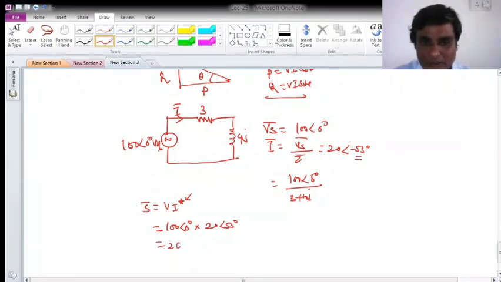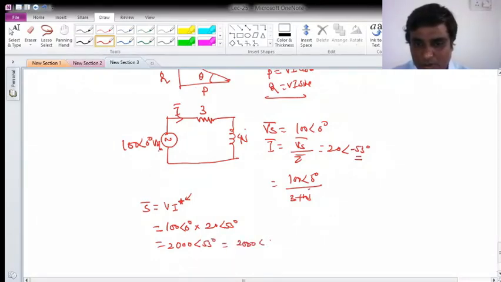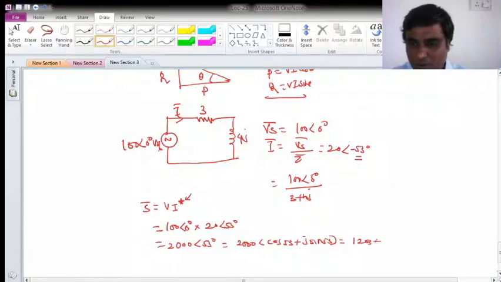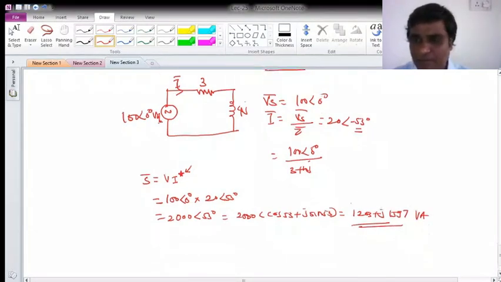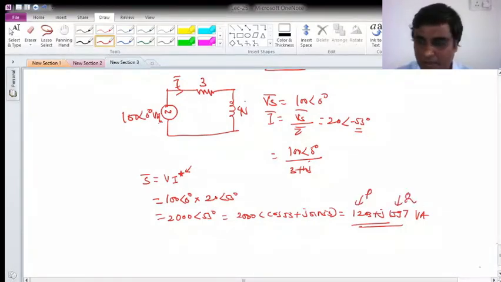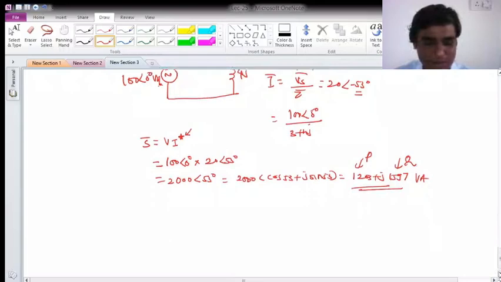So it will be 2000 with angle 53 degree, and that I can write as 2000 cos of 53 degree plus j sin of 53 degree, and if you solve, it will be 1203 plus j 1597, which is in VA. This is my active power and this is my reactive power. That way also you can tell.